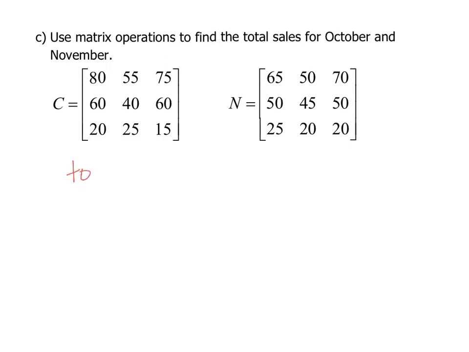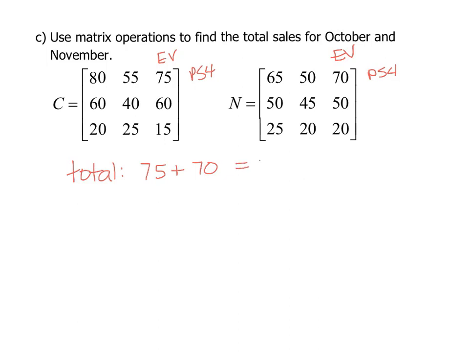Oftentimes it's helpful to figure this out for a specific quantity instead of figuring out for the whole thing. Remember that this last column represents Everett, and let's say we're looking at the first row. If we wanted to know how many total sales of PS4s there were at the Everett store, we would take that 75 from October and add to that the 70 from November.